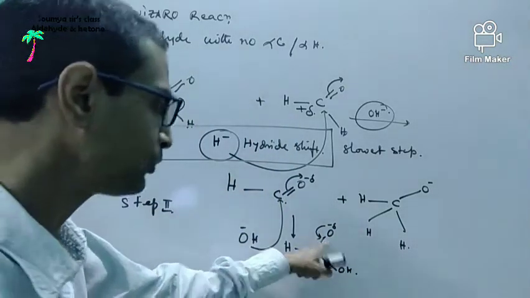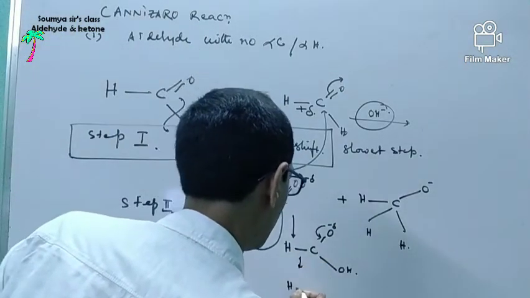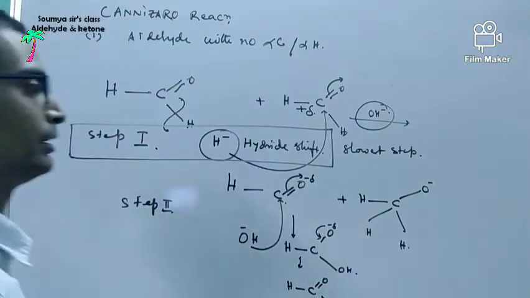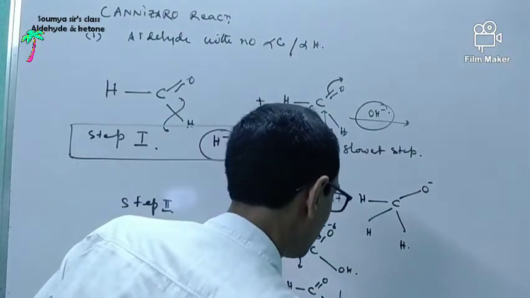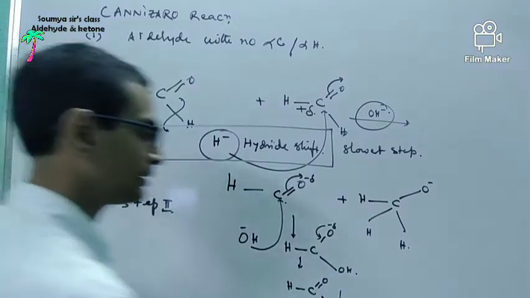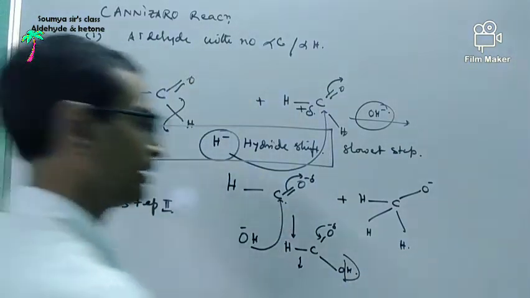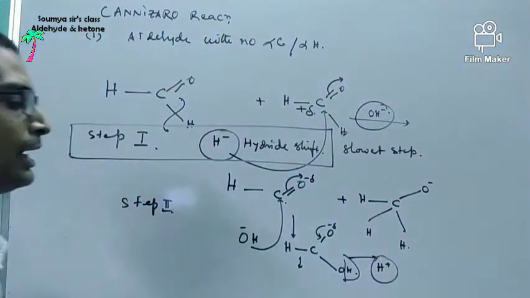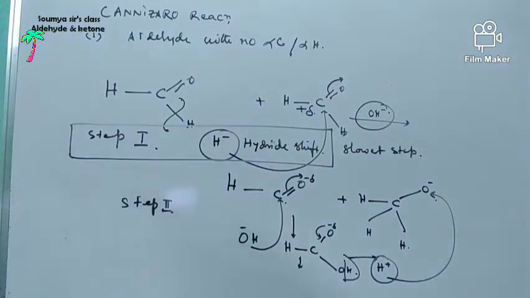Here the double bond forms and it becomes the acid, HC double bond O OH. The acidic part subsequently gives H plus into the medium, and it attacks the previously formed alkoxide ion.